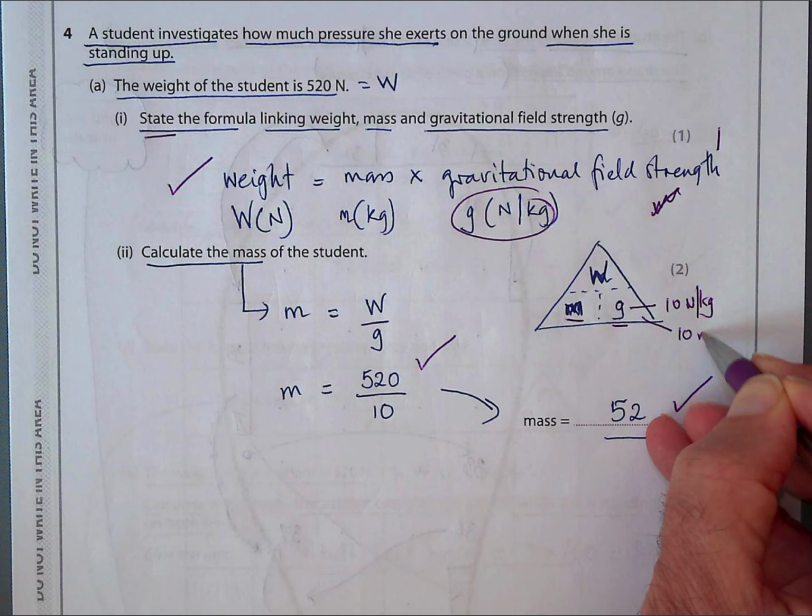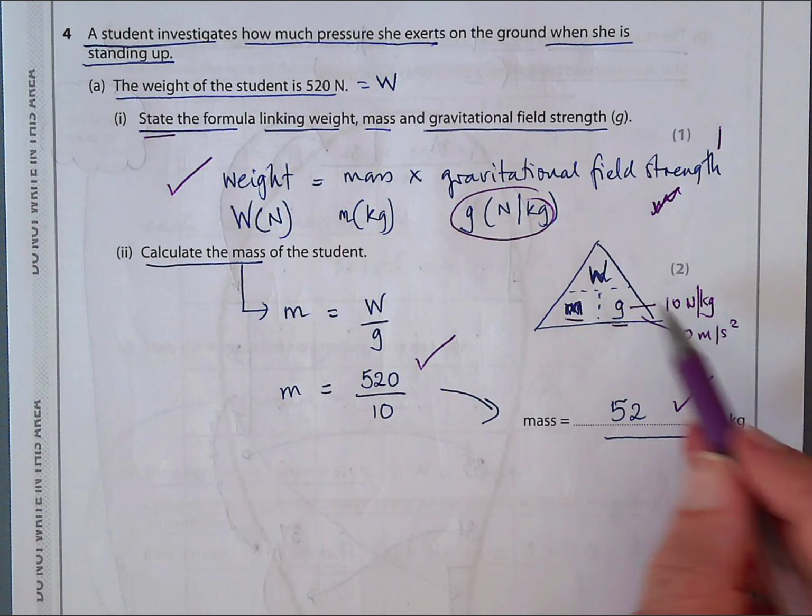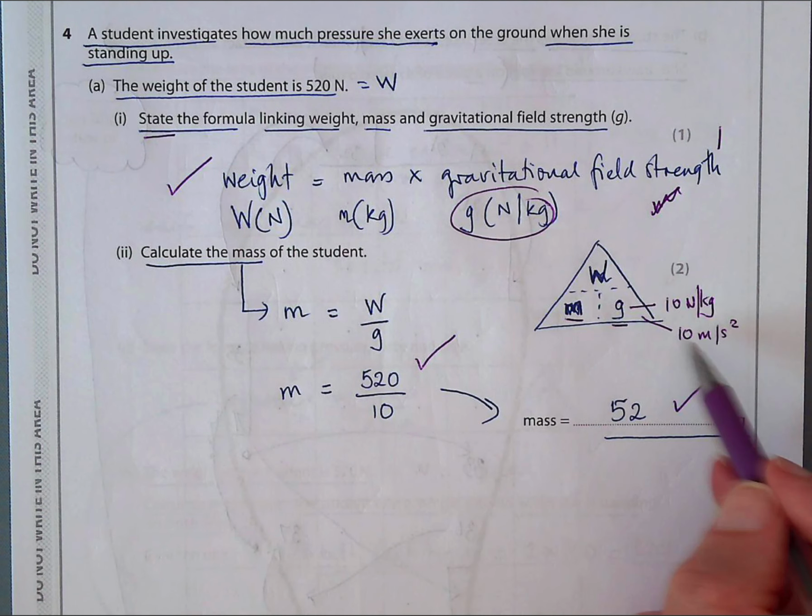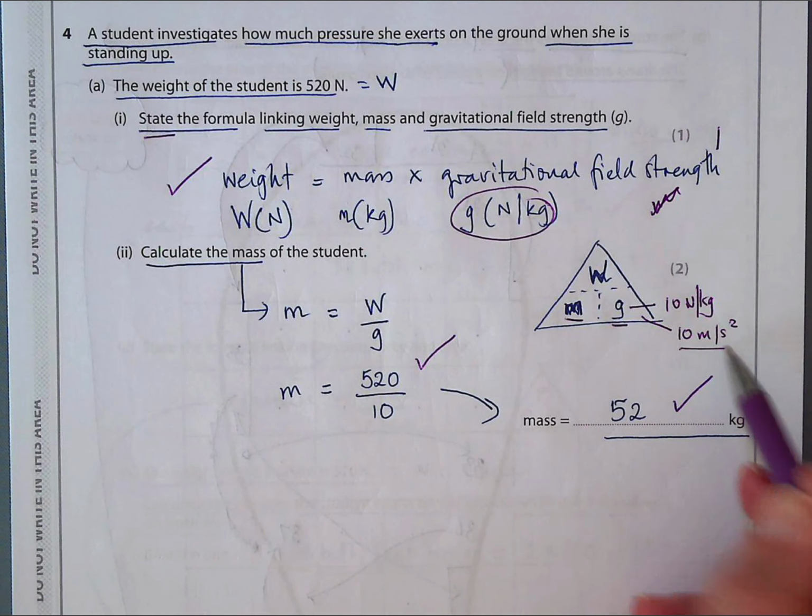Okay? So gravity is the amount of weight to mass ratio which creates acceleration. So that's another thing you need to realize, because it's all connected. So mass is 520, the newtons that you're given, divided by 10 is 52 kilograms.